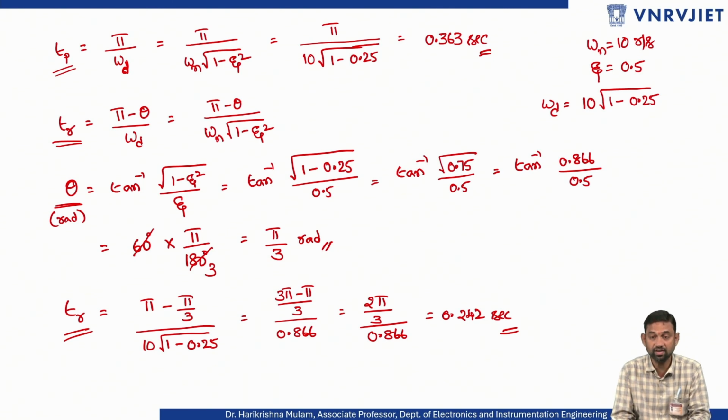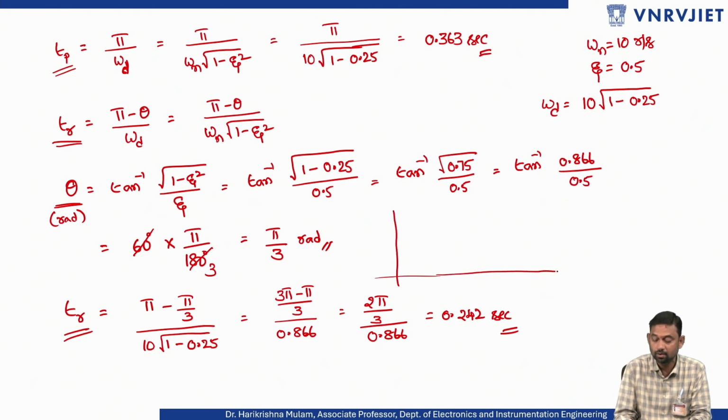So this is the rise time, this is the peak time, and settling time we got as 0.6 seconds for 5% error, 0.8 seconds for 2% error, and overshoot is 16.3%. We can have a look at how the response appears. For a unit step input, your second order system response looks something like this.